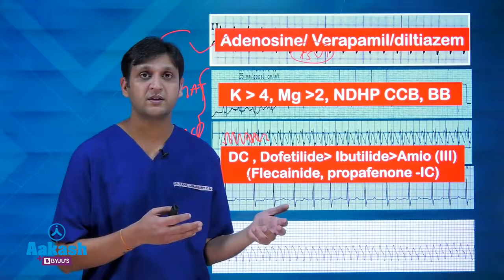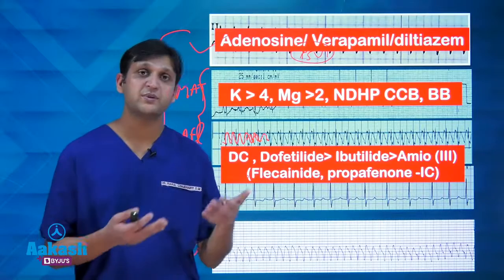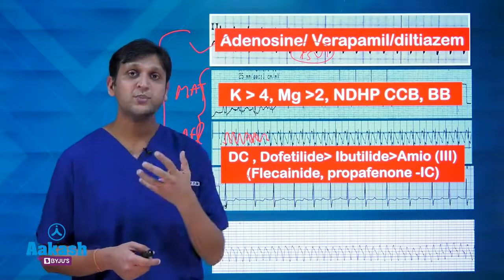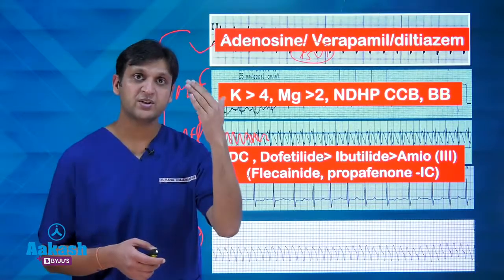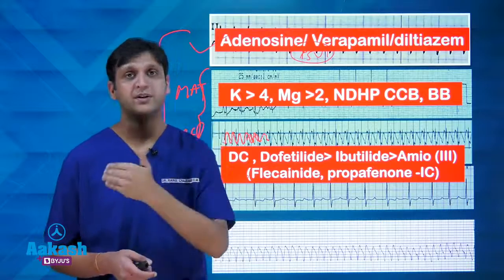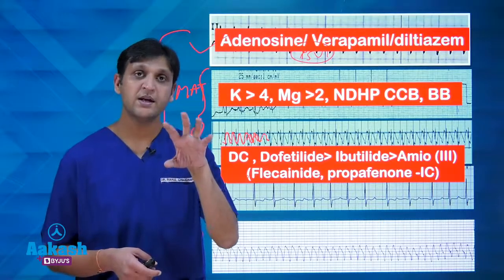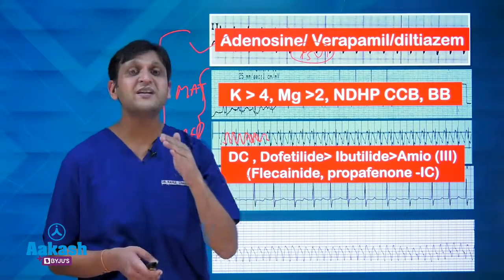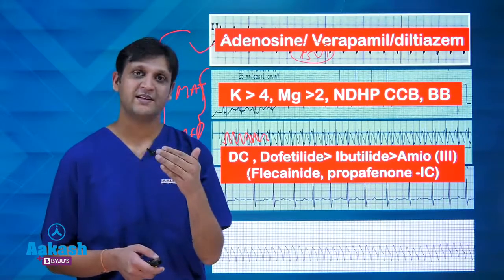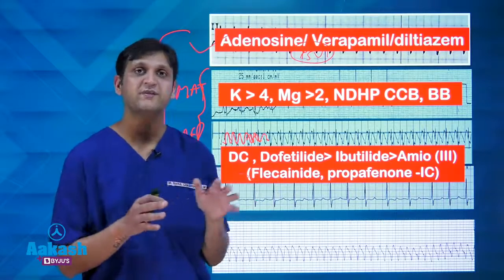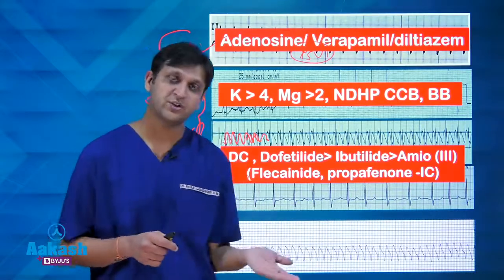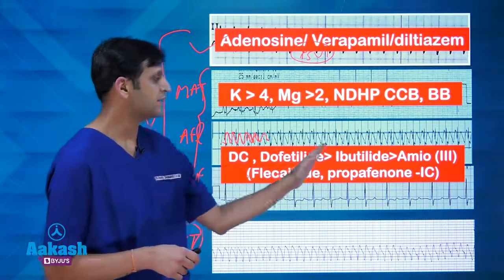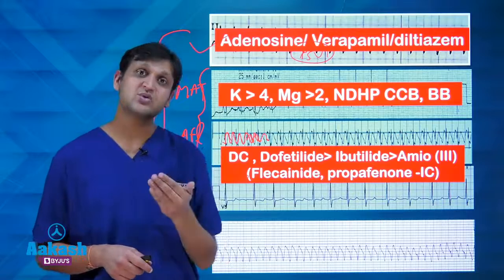A patient with flutter will have ventricular flutter, and a patient with atrial fibrillation will have ventricular fibrillation, which can be fatal. The natural protection against this is the AV node. So if you give drugs that act particularly on the AV node, it will prevent the ventricular rate from rising. So in the management, one is conversion to sinus rhythm, for which you can use DC cardioversion or drugs, and second is drugs to control the rate.